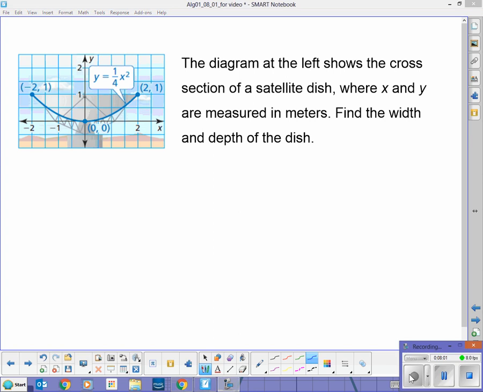Well, just by looking at the diagram here, we can see that the width is out here at negative 2, 1 and 2, 1. That's the width. So our width is going to be the difference between those points, or you can just say 2 plus 2. The width is 4, or you can think of it as 2 minus negative 2, right? The difference, 2 minus negative 2 equals 4.